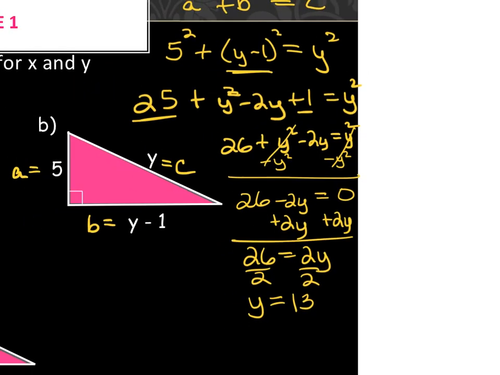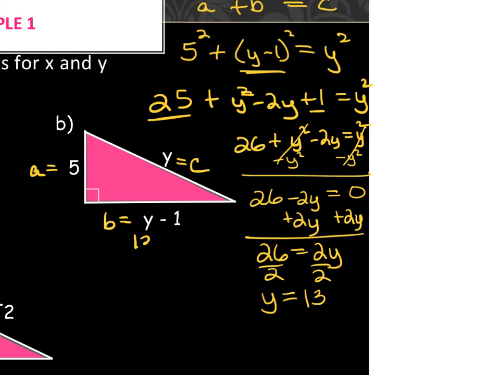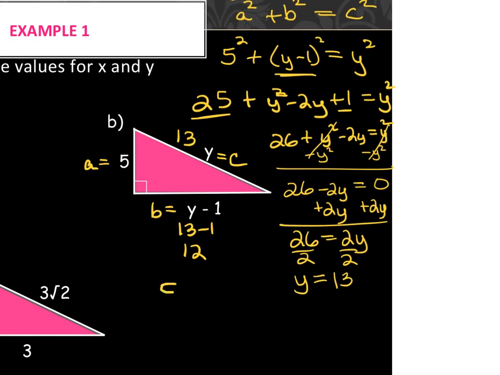So now I'll come back. So this side is 13 minus 1, which is 12. And this side is 13. If you recall from the previous slide, we did have a triple, and it was the 5, 12, 13. And that's what I just formed.